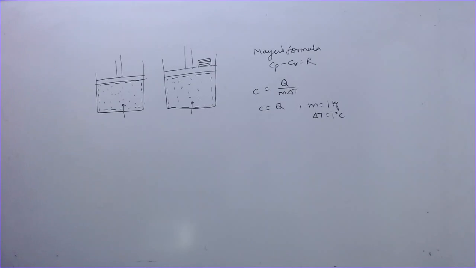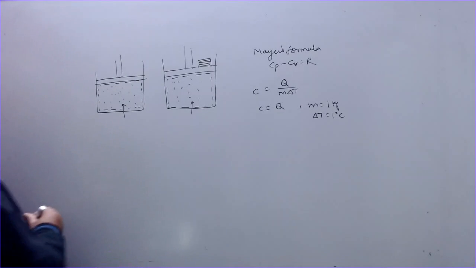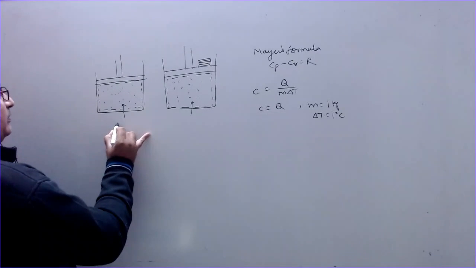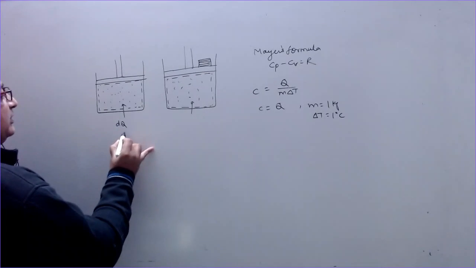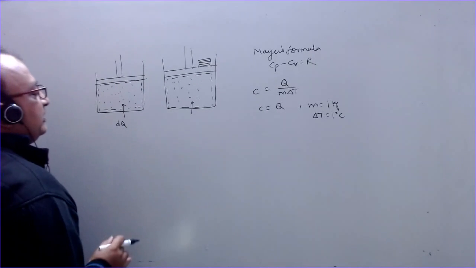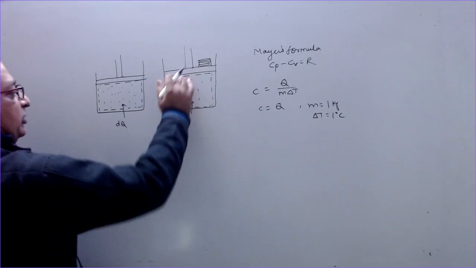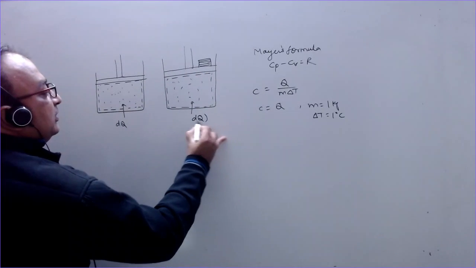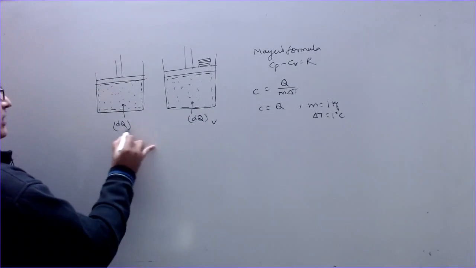We have to supply heat in both cases so that the temperature of this 1 kilogram of gas increases by 1 degree Celsius. Suppose I supply this dQ heat. Here the volume is constant, dQ at constant volume, and here I will take pressure as constant.